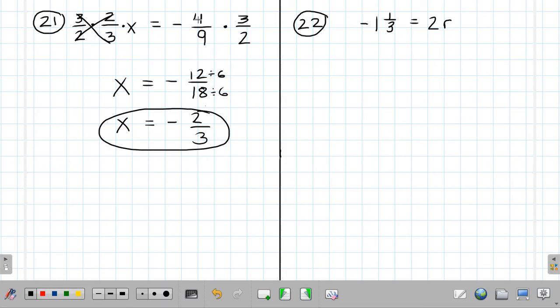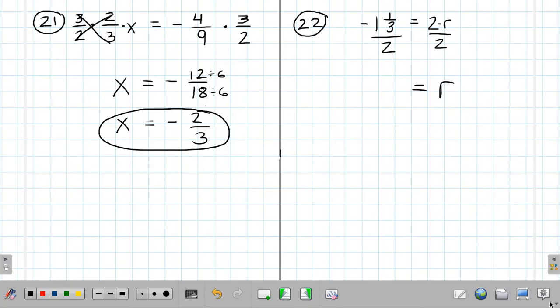Now, when we get to number 22 here, same kind of thing happens, though. We've got this weird thing where we have a mixed number, and it's equal to 2r. Well, in this case, since this is times 2r, we need to divide by 2. So once again, we get r is equal to, and this is where it gets tough.